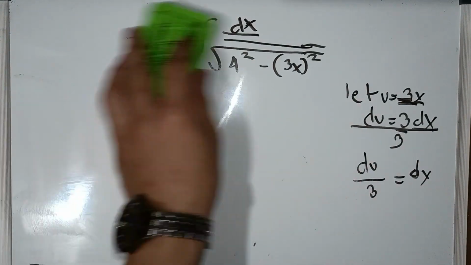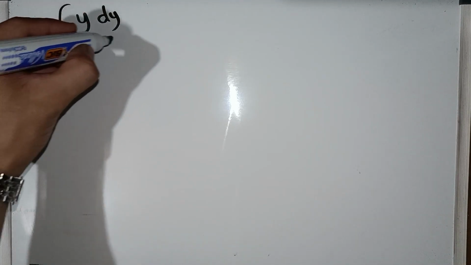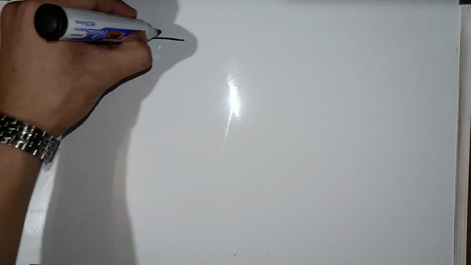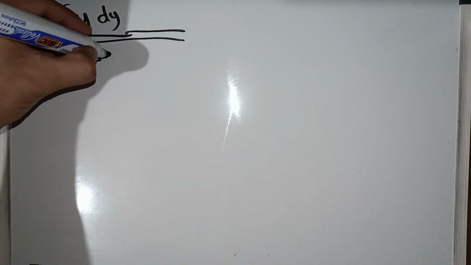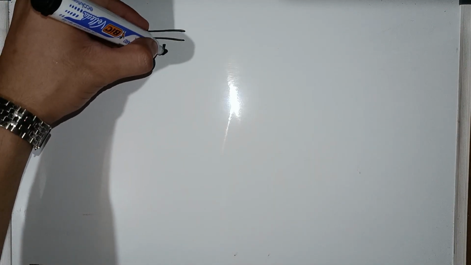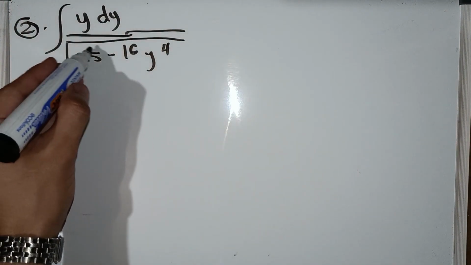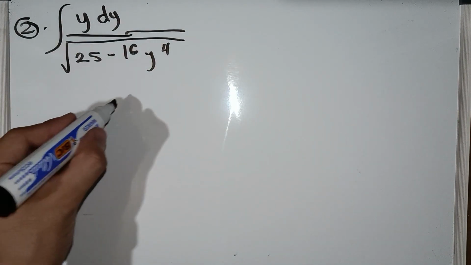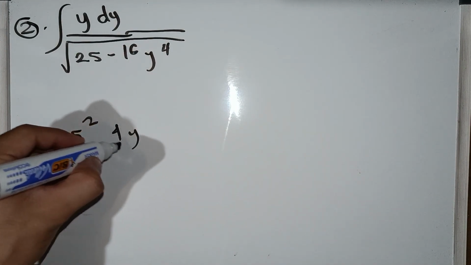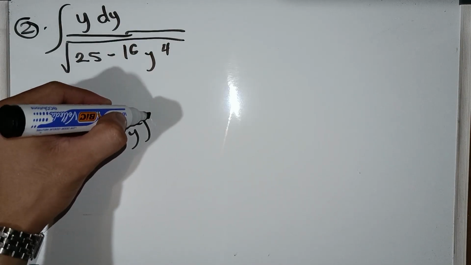For problem number 2, it is just the same as problem number 1, so let's see if you can solve this one. The integral of y dy over the square root of 25 minus 16y to the 4th. Let's get the square root of this: 5 squared minus (4y squared) squared.